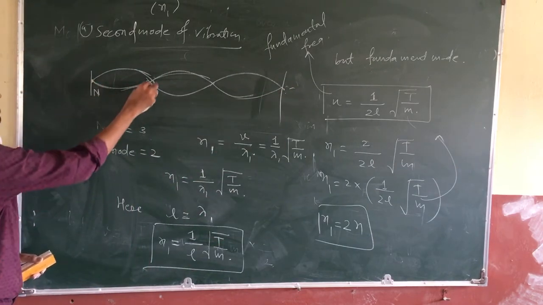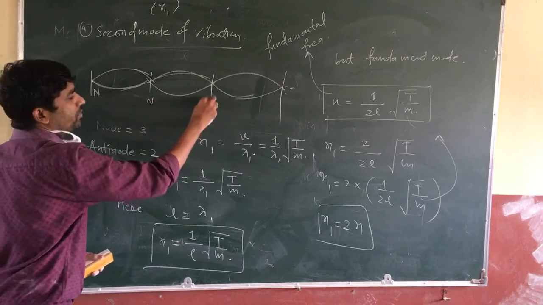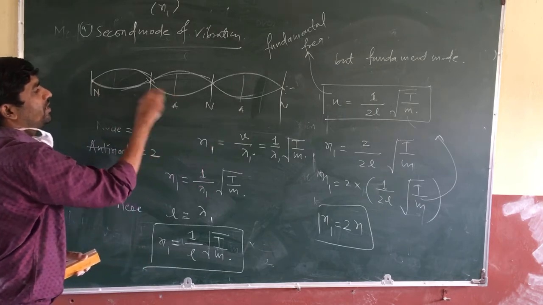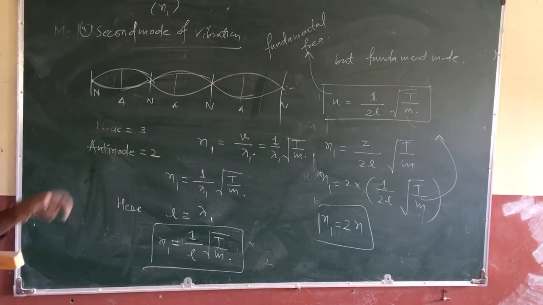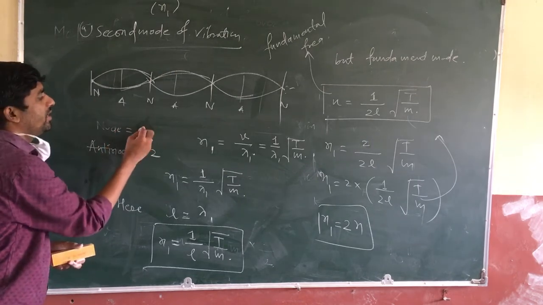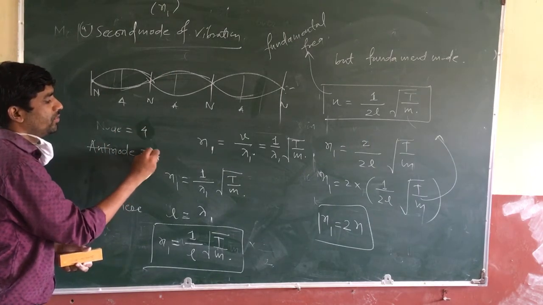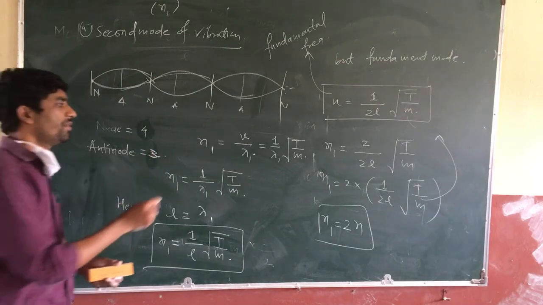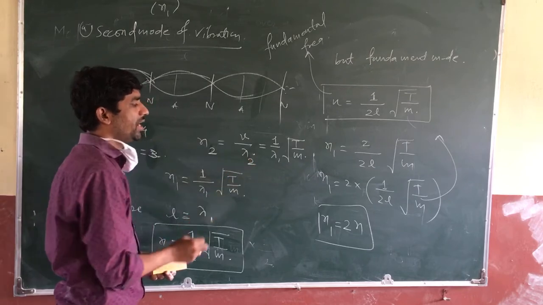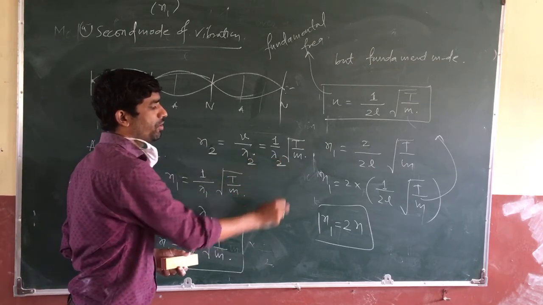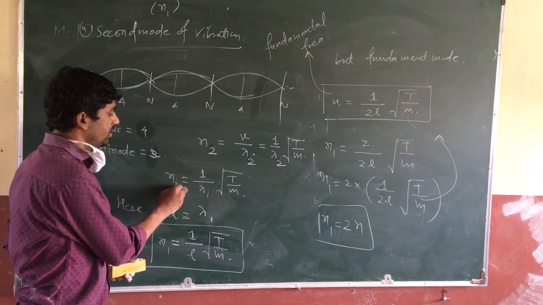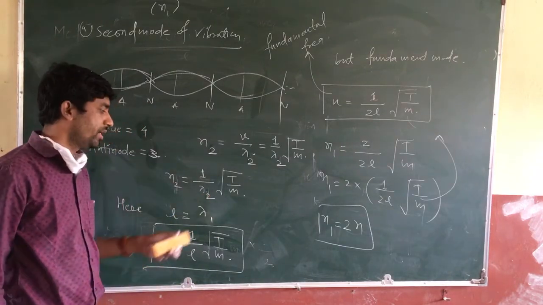Here there is a node, here a node, here also a node, and here also a node. This one is an antinode, this is an antinode, and this one is an antinode. So for the second mode of vibration, 4 nodes and 3 antinodes are there. What is the frequency for the second mode? N2 is equal to V divided by lambda 2, so N2 is equal to 1 upon lambda 2 under root of T divided by M.